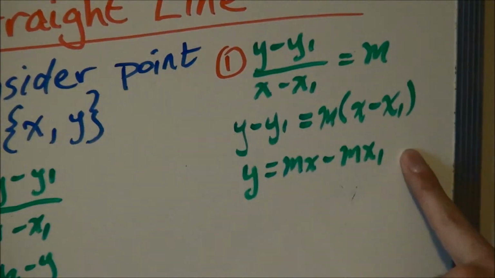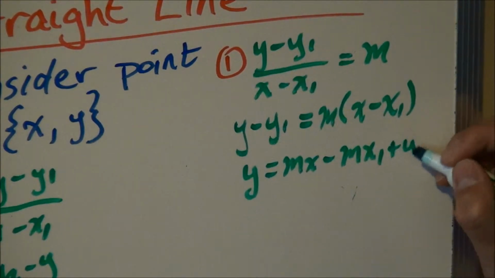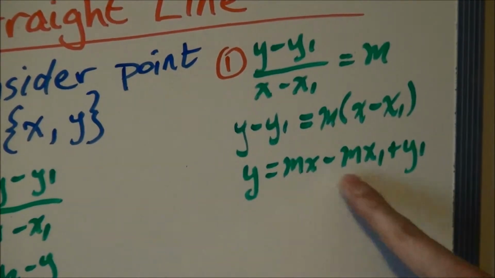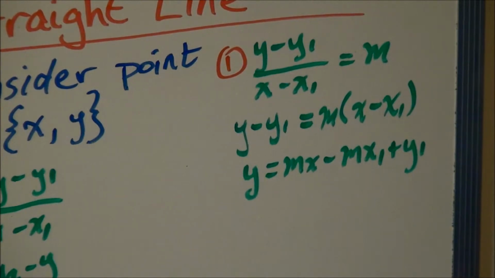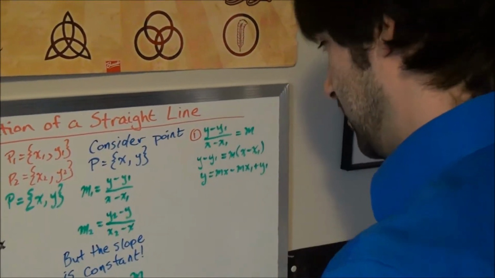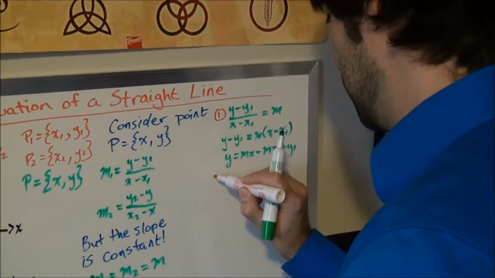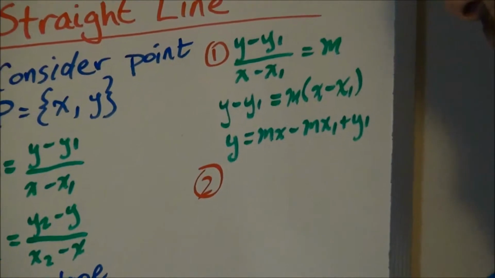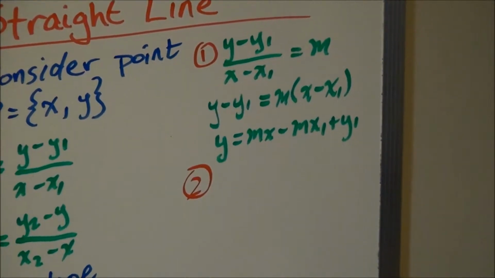And when y1 comes to the other side, it has to become positive. And this is going to turn out to be one of our important equations. Let's consider this equation number 2. From 2, I have y2 minus y over x2 minus x equals m.